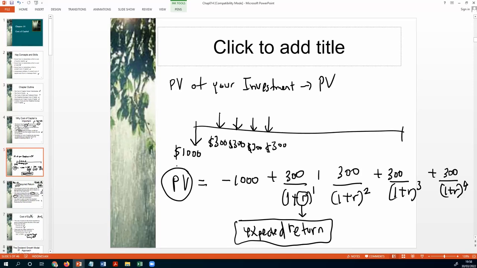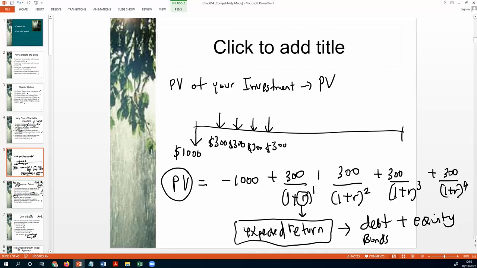The expected return can be from debt or from equity. From debt means that we borrow money, so we release bonds to the market.